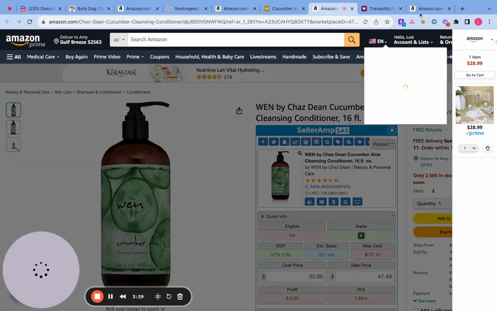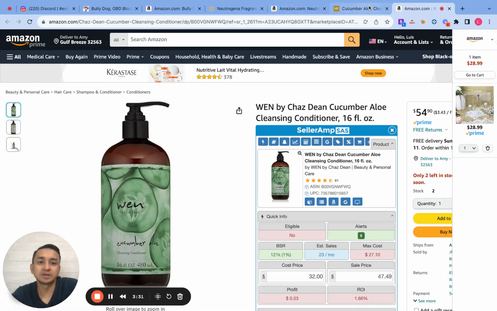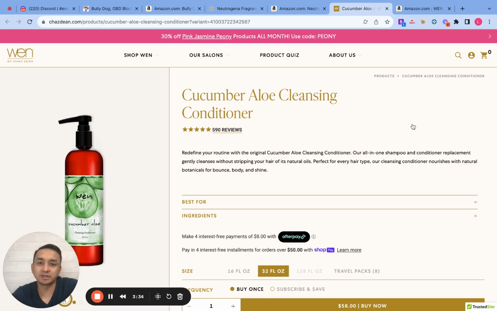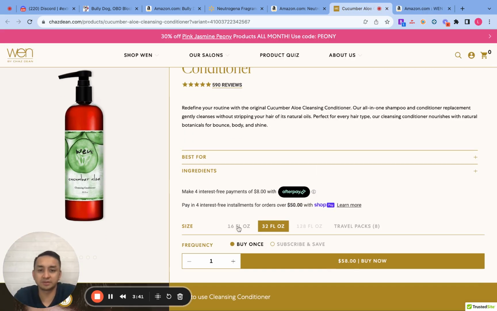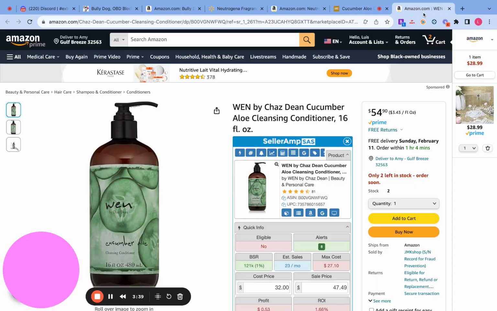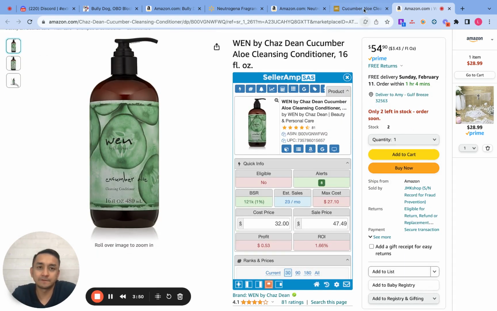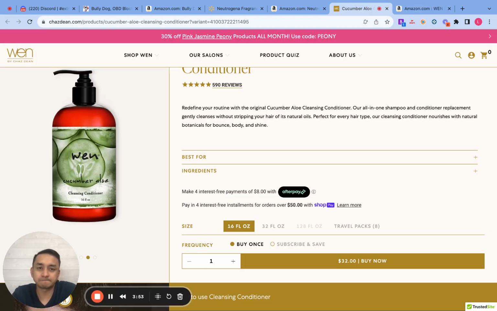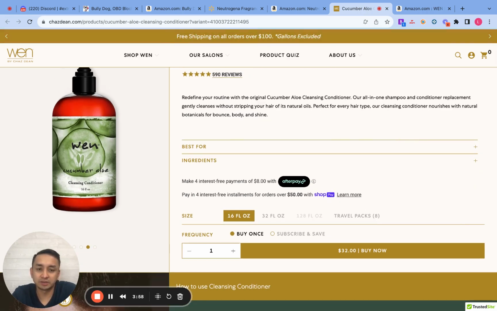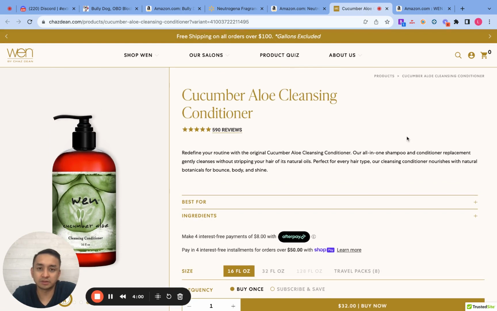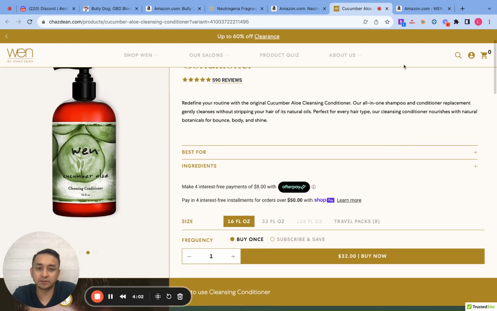Next product. What's this one? It's a cucumber aloe cleansing conditioner, 16 fluid ounces.